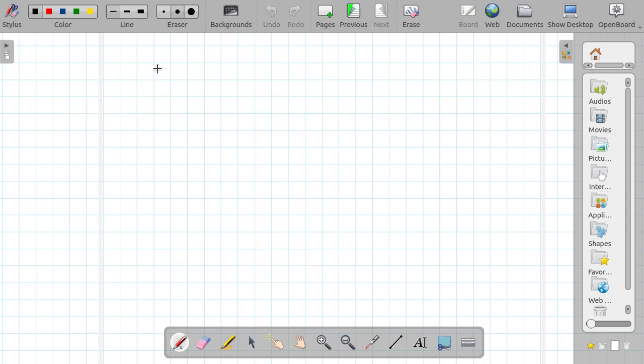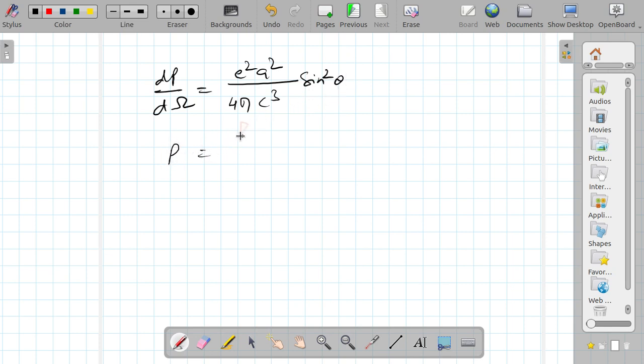So that means dP over d omega is equal to E square A square over 4 pi C cube sine square theta, and P is equal to 2E square A square over 3C cube.